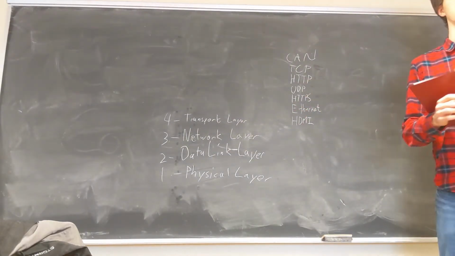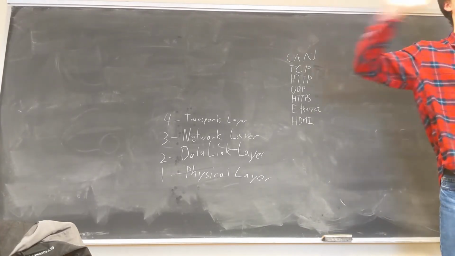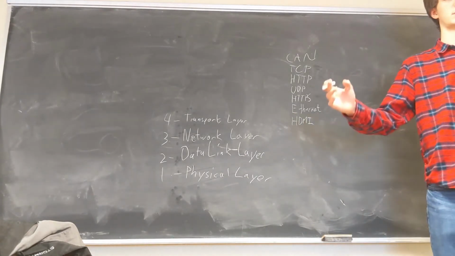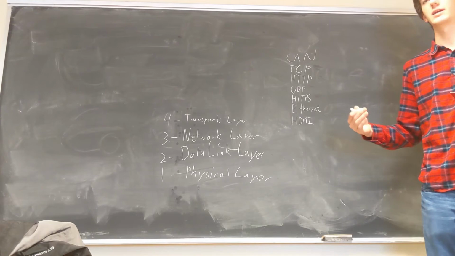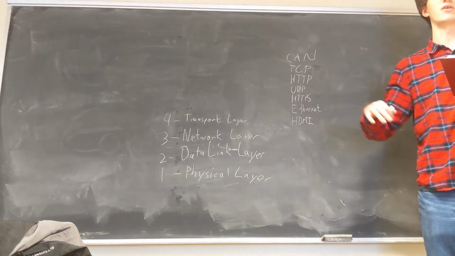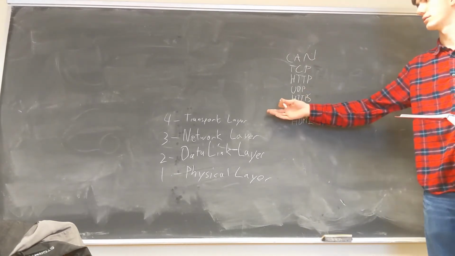It does things like multiplexing. The network layer can get a piece of data from one computer to another. The transport layer says, okay, when I receive a packet, I'm going to figure out what piece of software, what application, or what purpose on this device that is supposed to be for.